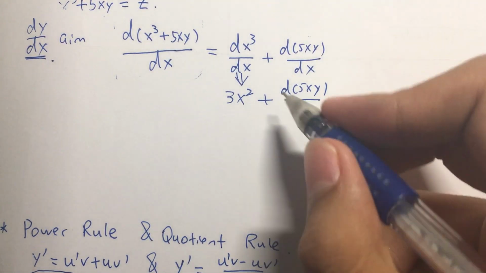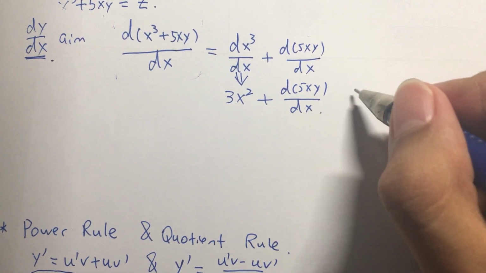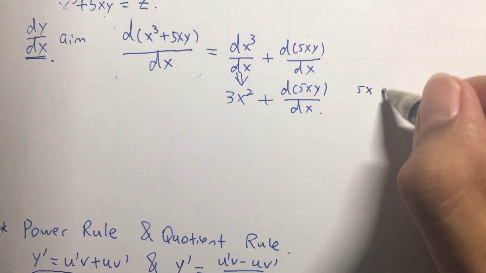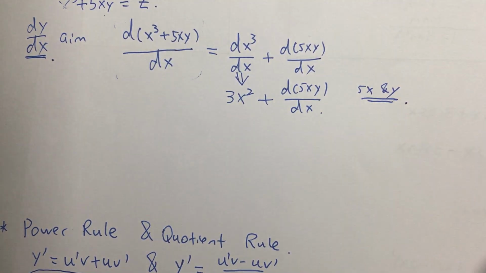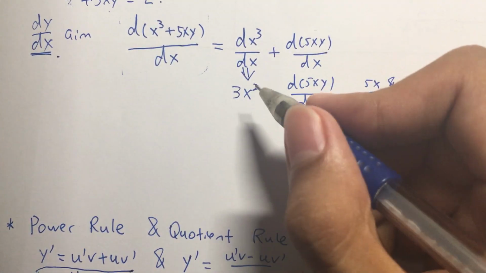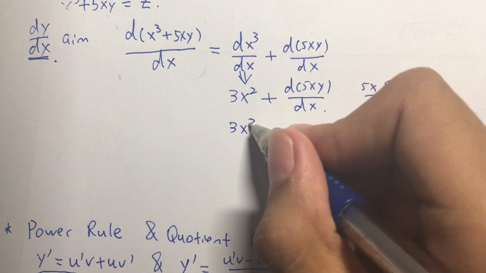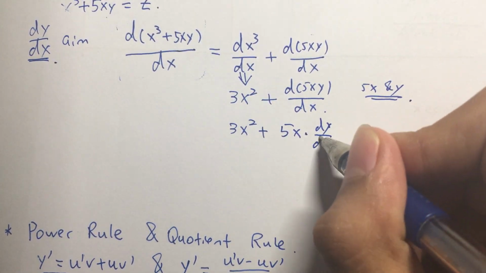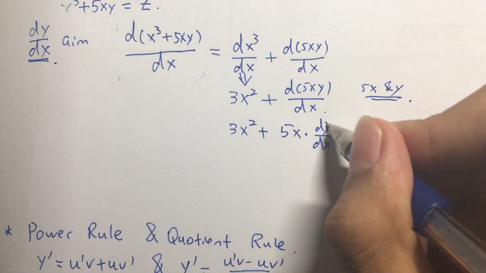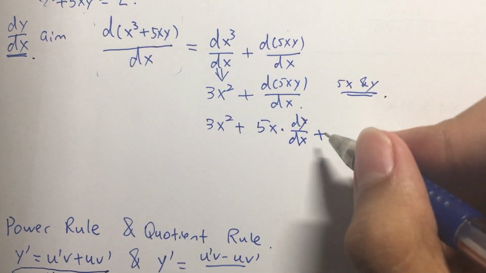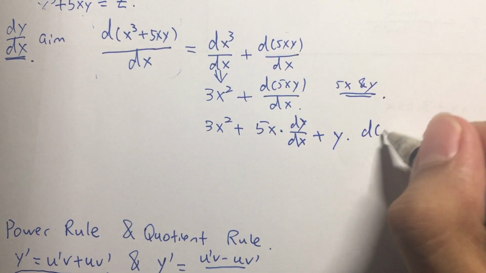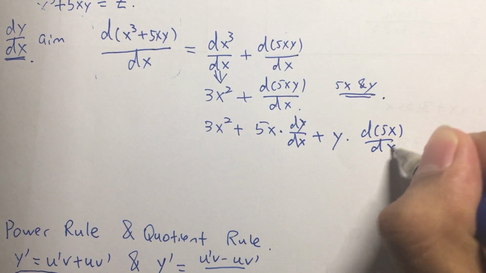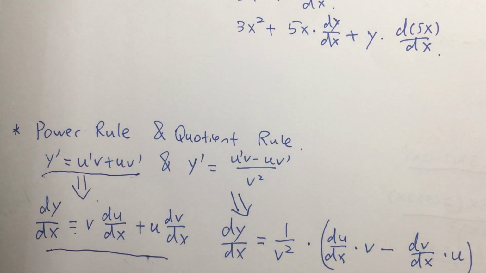Let's use our product rule. Let's divide 5xy into 5x and y. Now let's apply our product rule, so we will have 5x times dy over dx plus y times d5x over dx, by using this rule.